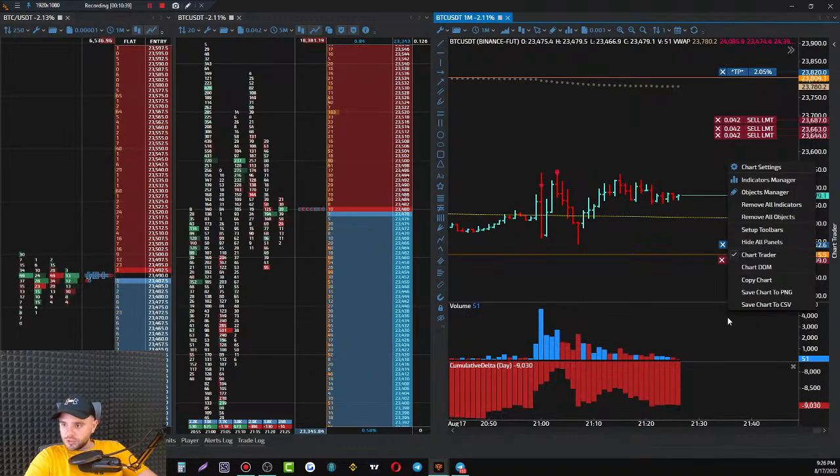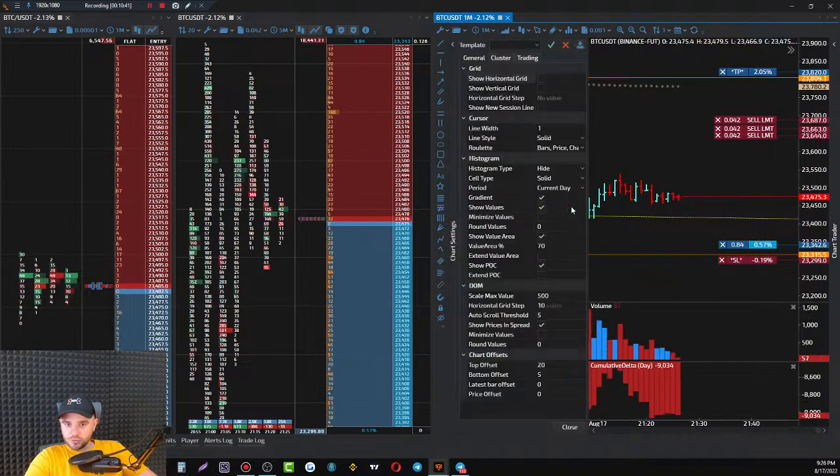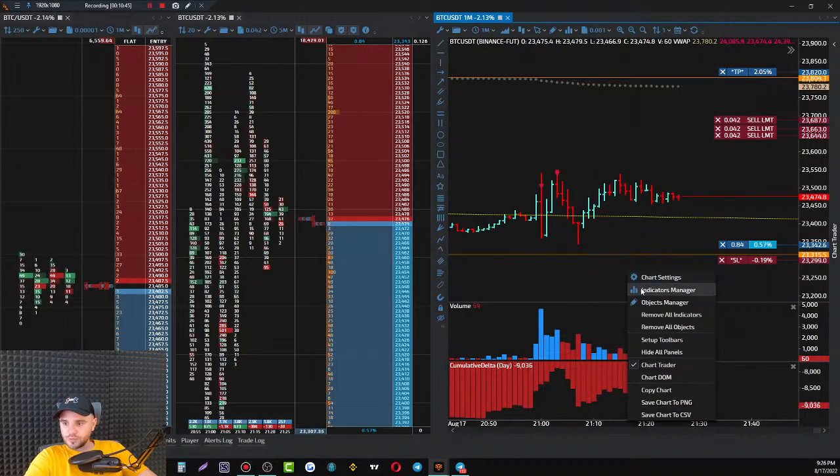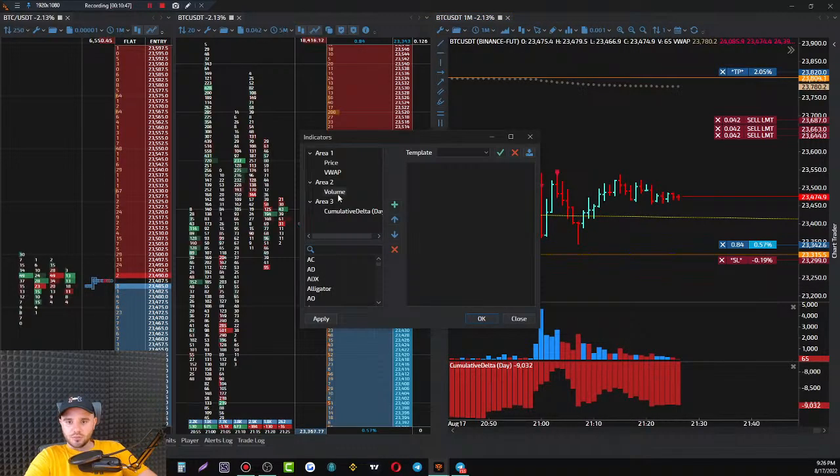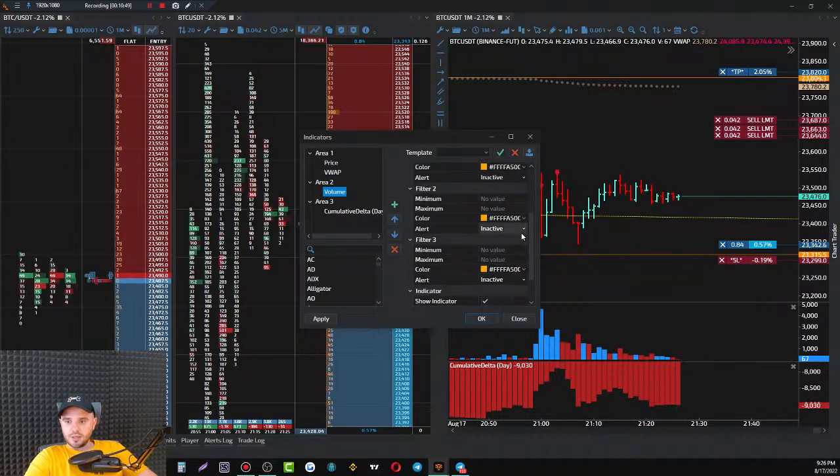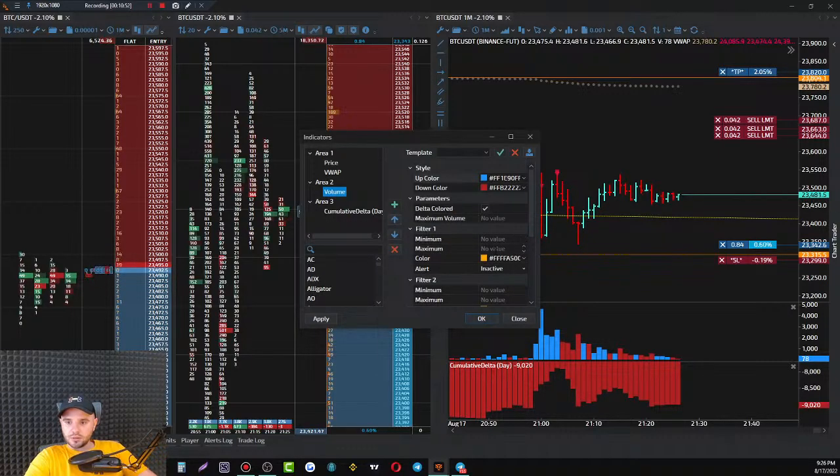My volume indicator is a little bit different compared to all of your volume indicators, because have a look here, in the indicators manager. My volume indicator color shows not the same as on the candle, it shows by delta.